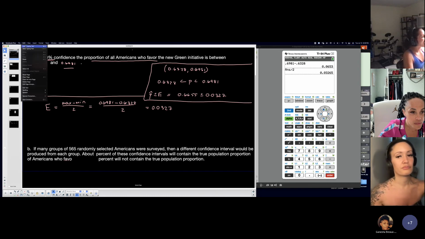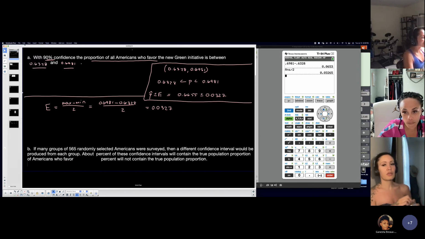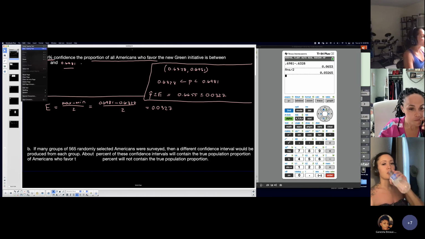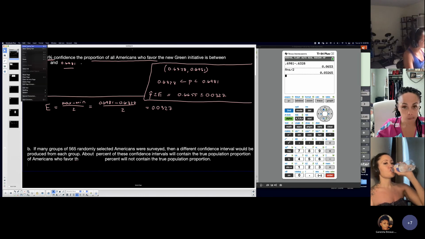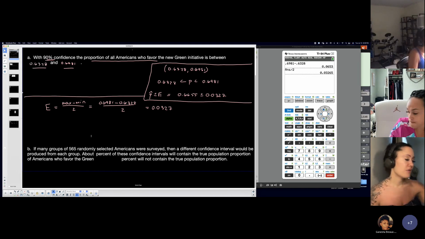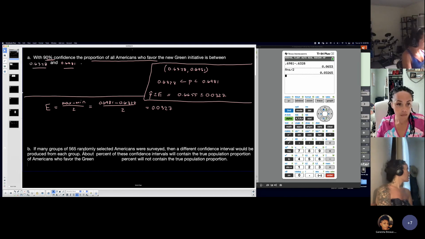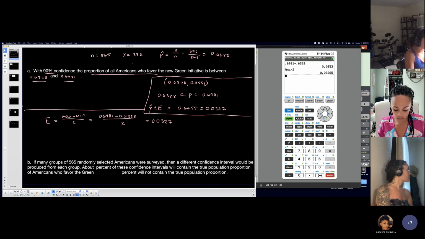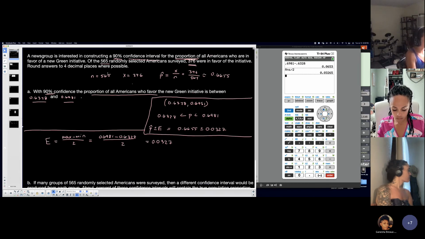As this comes back, remember this type of interpretation of the confidence interval as well. You remember this from last week. If many groups of 565 randomly selected Americans were surveyed, they took that from the sample size.